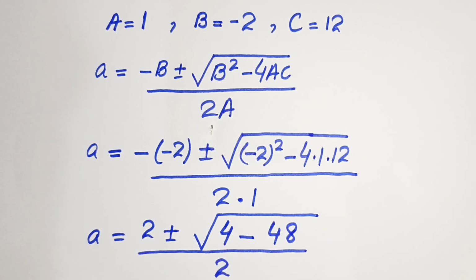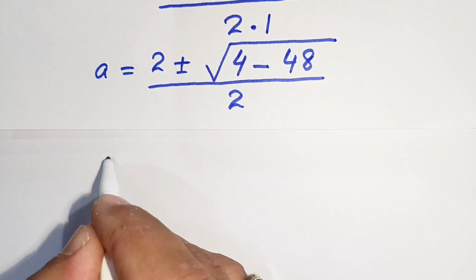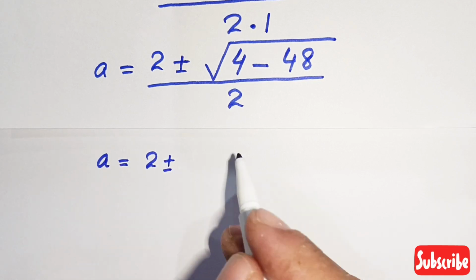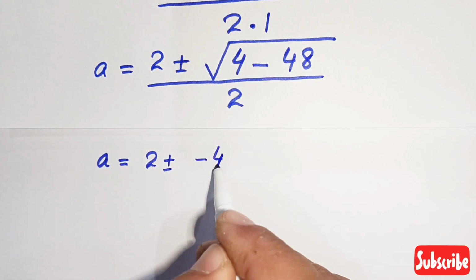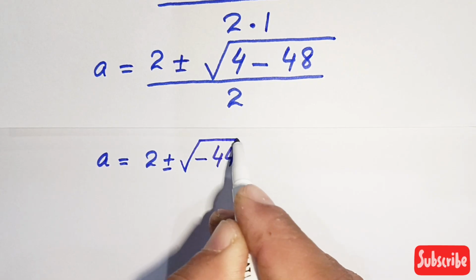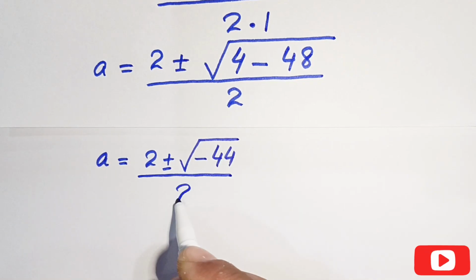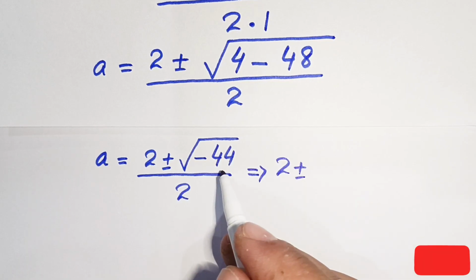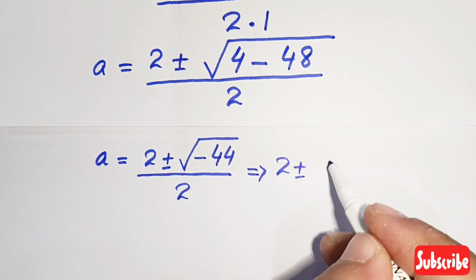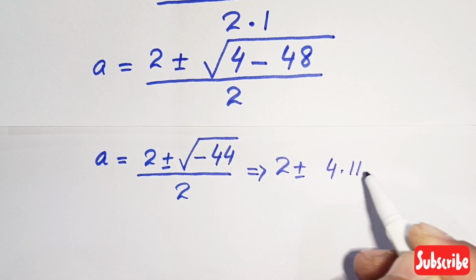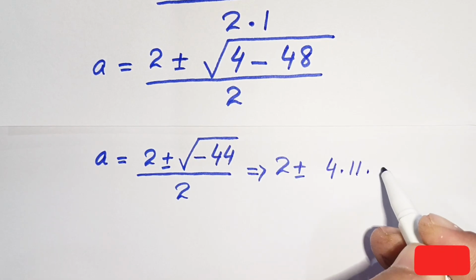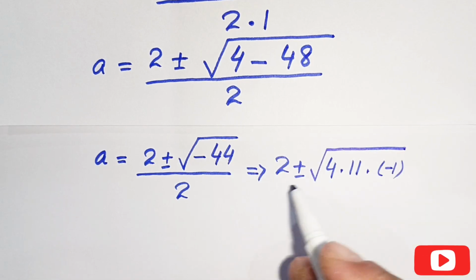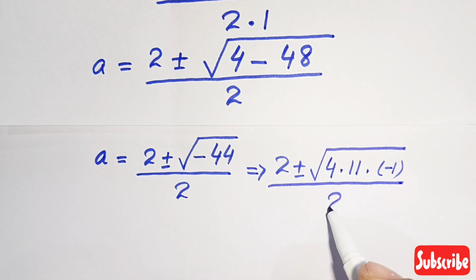So now a is equal to 2 plus minus square root of 4 minus 48, which is minus 44, all over 2. Our next step: 2 plus minus, this 44 can also be written as 4 times 11 times minus 1, all under the square root, all over 2.